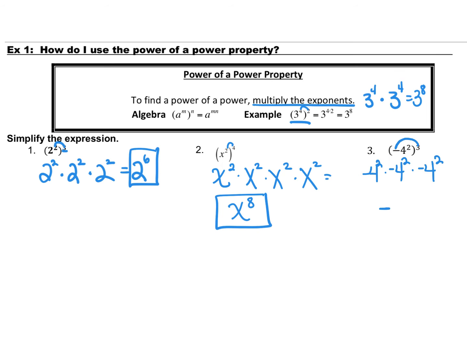So I like to come over here and say, all right, well, I have 3 negatives, and so it's going to be a negative. All right, so I've got my 4, and then my exponents, I have 2, 4, 6. And notice if I were to do it this way as well, 3 times 2 is equal to 6. So I have a negative 4 to the 6th power.